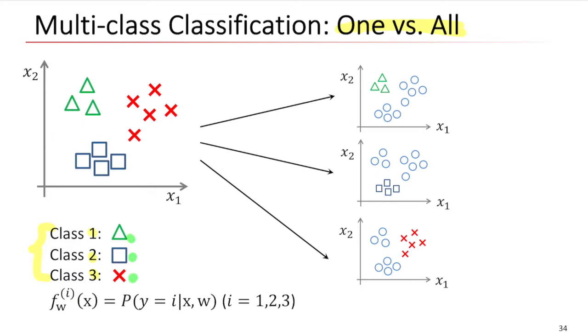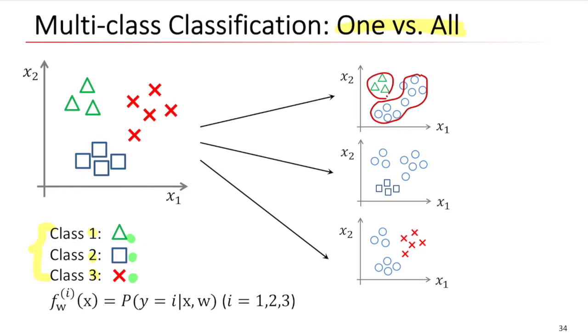So what I want to do is find three kinds of decision boundary, one for each class. What does that mean? Let's consider this class 1. In this case, we can think of the other class samples as negative and this as the positive sample.